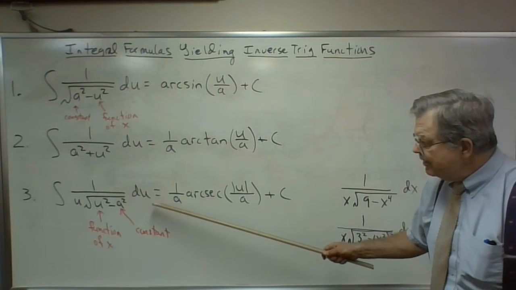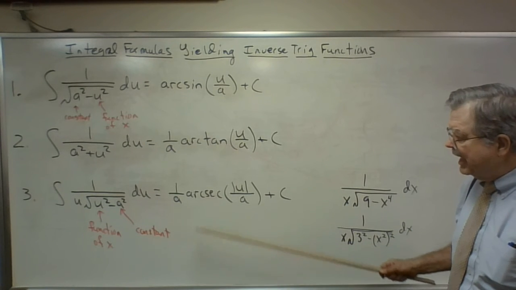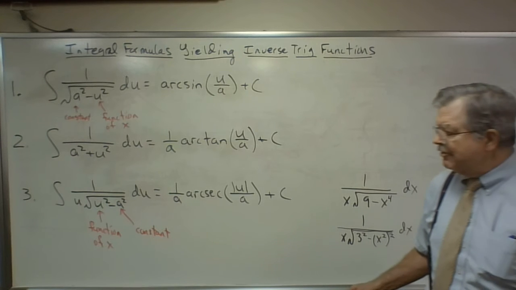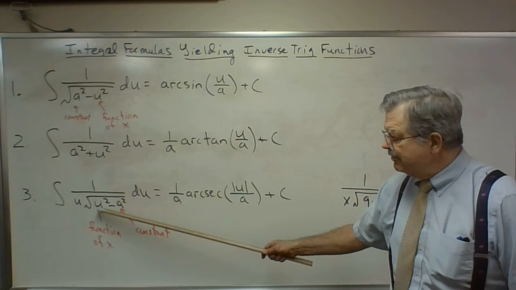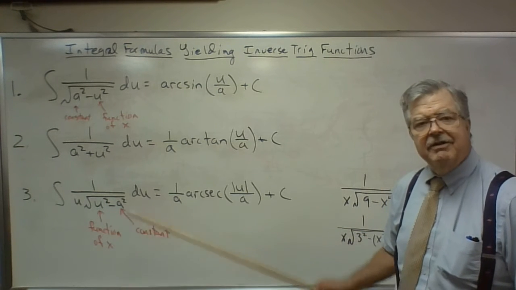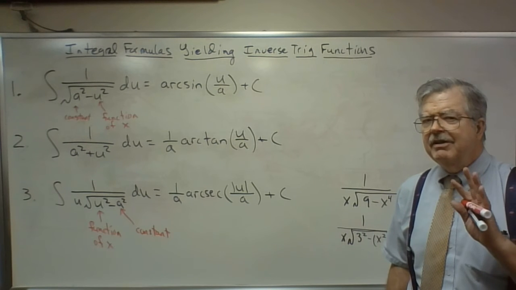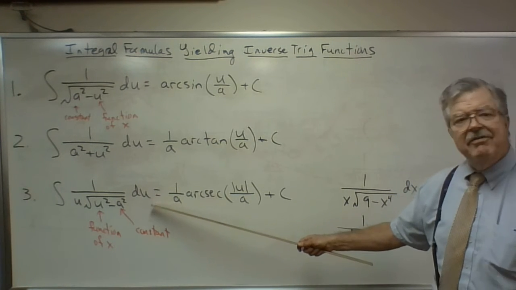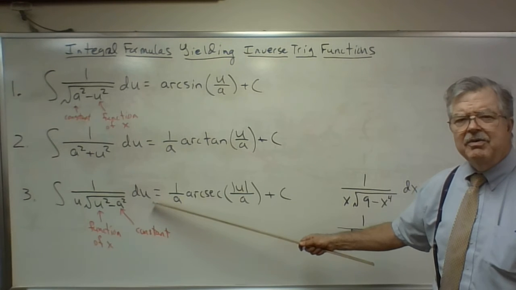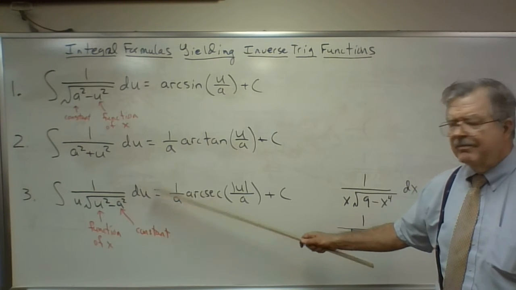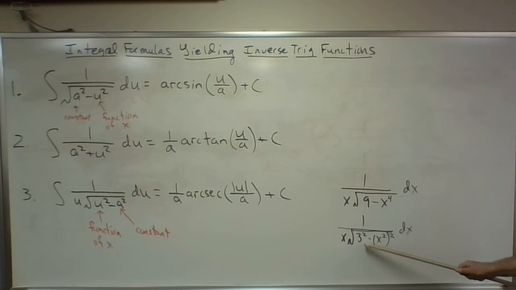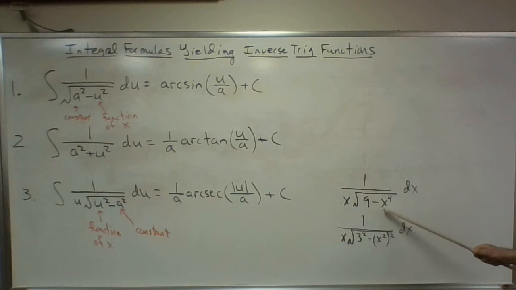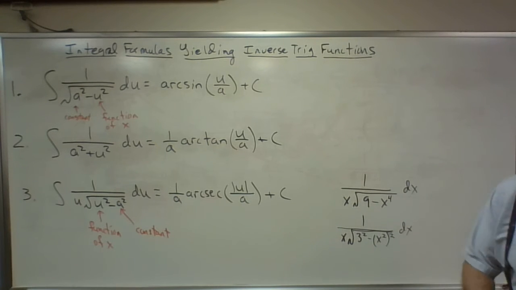And the formula that gives us arc secant has under the radical function of x minus constant. The two things are completely different, and we can never, ever, ever use this formula to compute the antiderivative of something like this that has constant minus function under the radical.